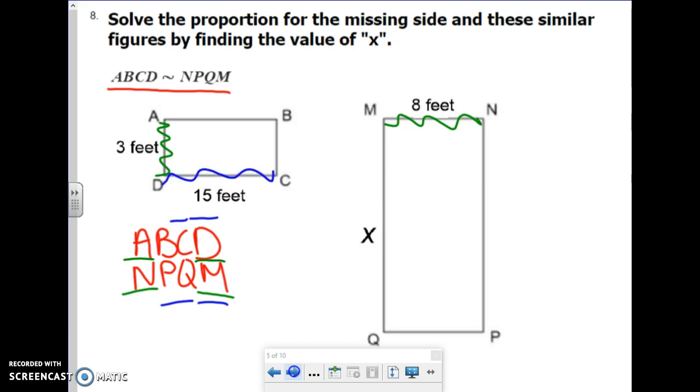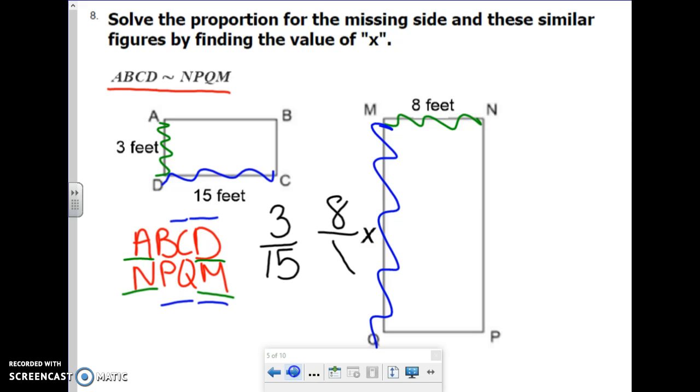That matches with MQ. I set up my proportion and I solve. So I'm going to have 3 to 15, 8 to X. You're going to multiply on your diagonal, divide by your extra, and you have X equal to 40.